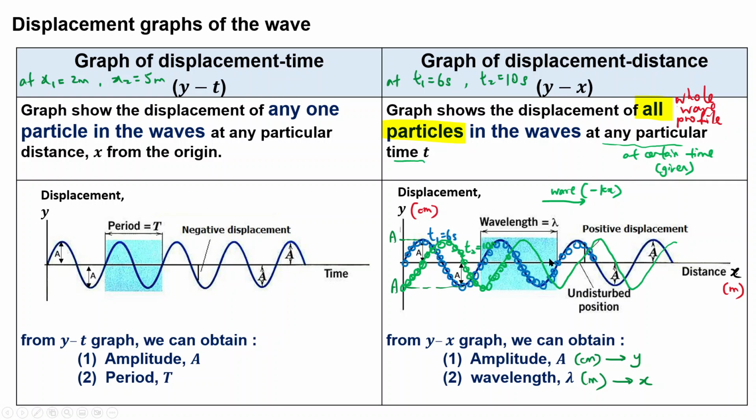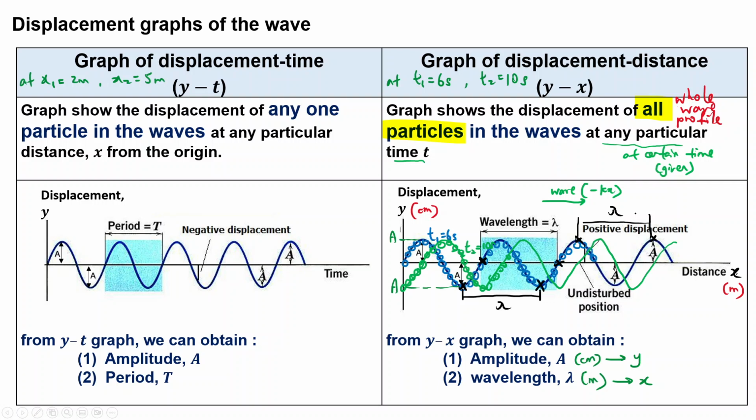How to find the wavelength? You can take, let's say, these two positions. This is considered as one wavelength already, right? Or from here to here, this is also another wavelength. Or from crest to crest, from here up to here, also another wavelength.